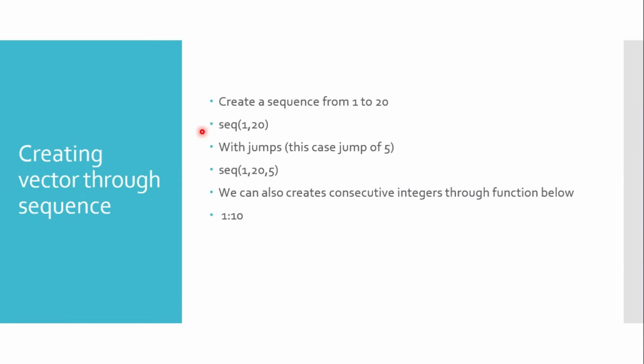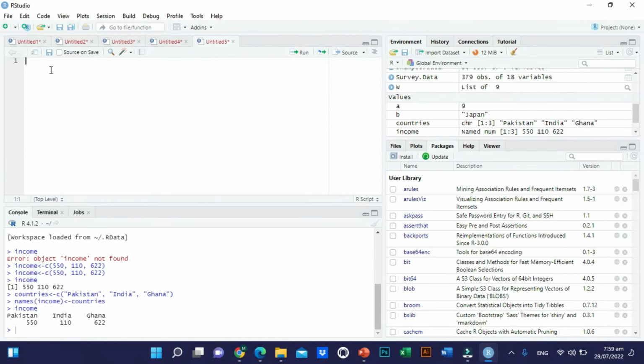There are several ways to create vectors, and I'm going to discuss a few of them. One very important among them is sequence. You can create a numeric object through sequence. The function seq is used for creating a sequence, and you will give from 1 to 20. Let us practice this and create a sequence in the name s.no, serial number.